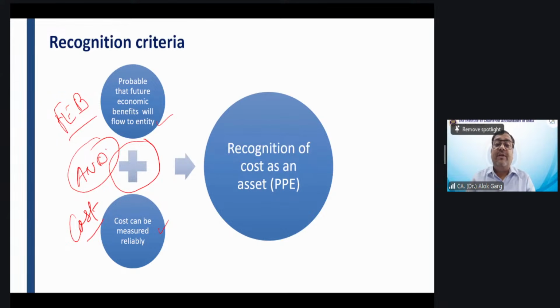Tell me whether this company will capitalize this machine as a PPE or not. What is the accounting treatment of this 1 crore which has been spent on the machinery?